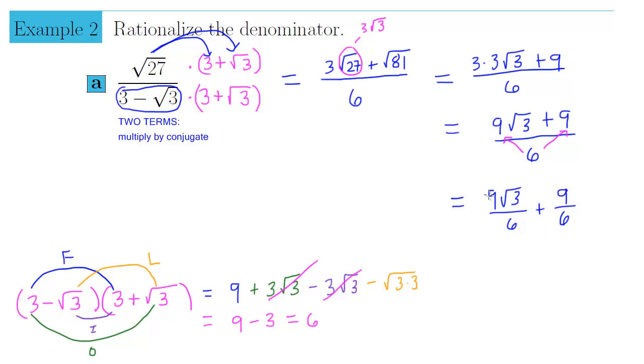And then, because we now have a connection by multiplication, we can reduce with this division of 6. 9/6 reduced to 3/2, and this also reduces to 3/2. So in the end, we're just going to be left with 3 root 3 over 2 plus 3 over 2.